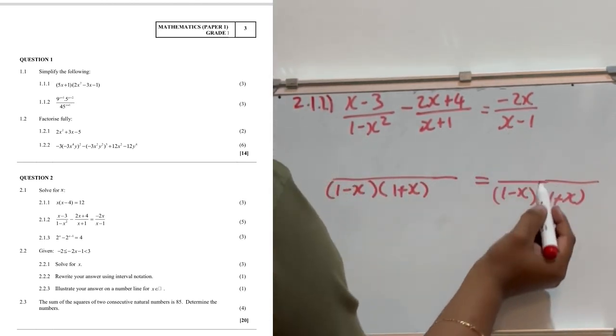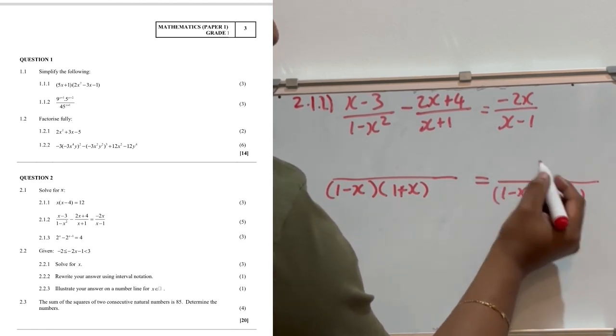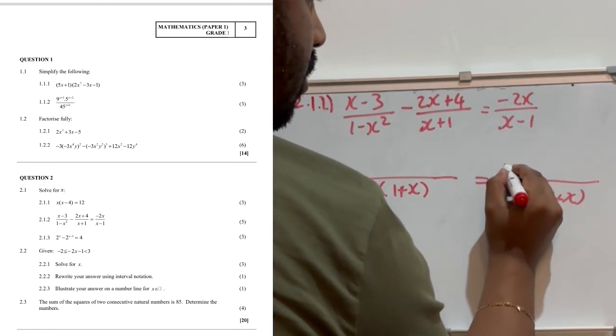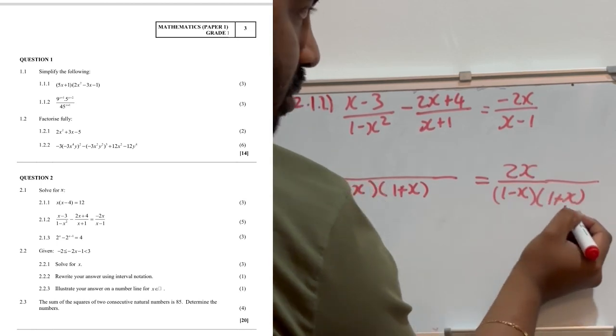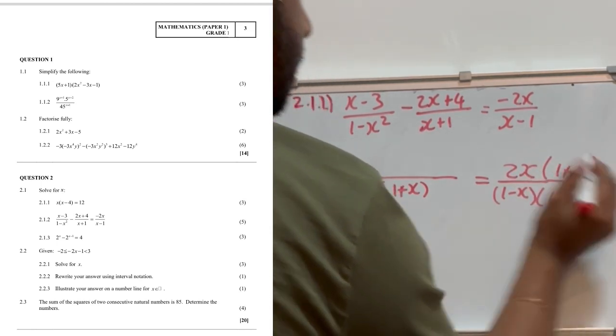Because of that 1 minus x, we have to flip this over, so we multiply with the minus, so then we become 2x, but we also multiply it with 1 plus x at the bottom, so that's 1 plus x there.